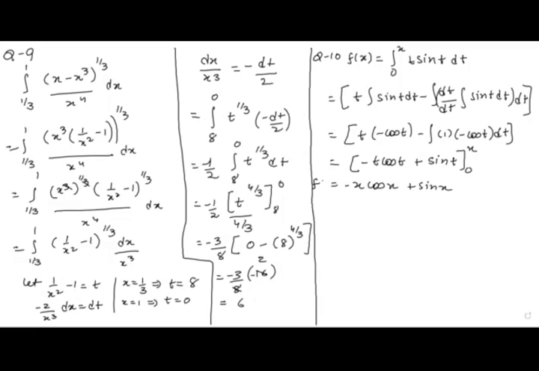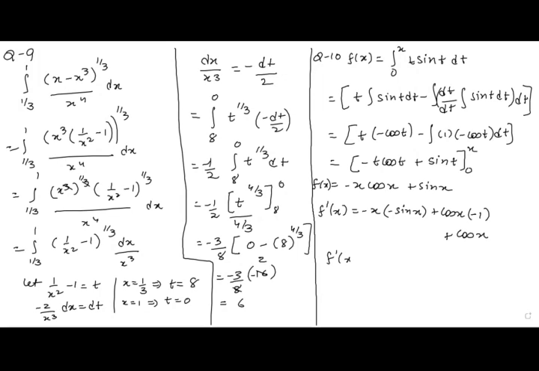So this is my f of x, but they are asking us to find f dash of x. So we'll take derivative. Minus x, we'll apply product rule. We'll leave minus x. Derivative of cos x is minus sin x, plus we'll leave cos x. Derivative of minus x is minus 1, plus derivative of sin x is cos x.